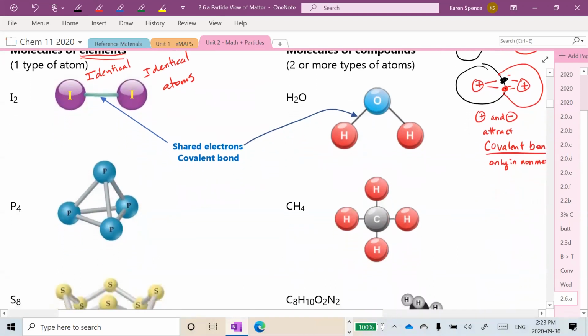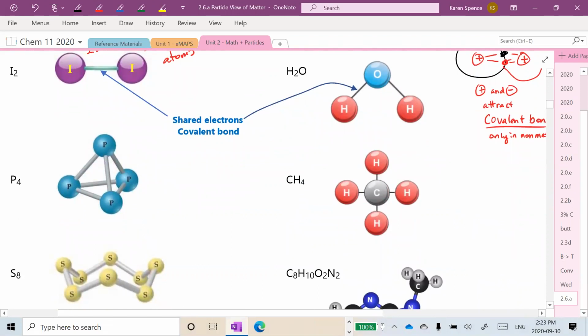You can see we have P4. It's got a funny kind of structure, like this little pyramid. And these little sticks that we draw in between the atoms, those are the shared pairs of electrons. You can imagine that in here we have an electron and we have another electron, and those 2 phosphoruses are sharing those 2 electrons.